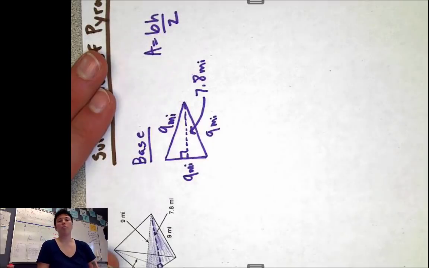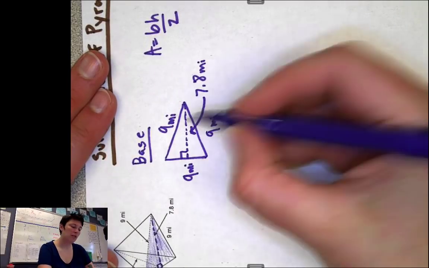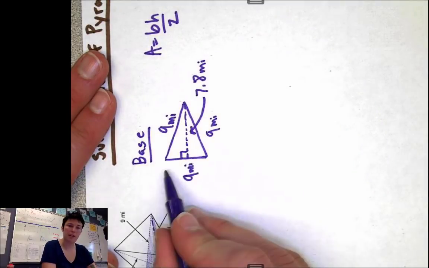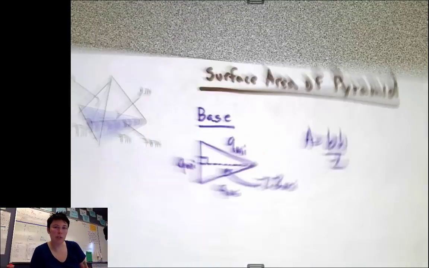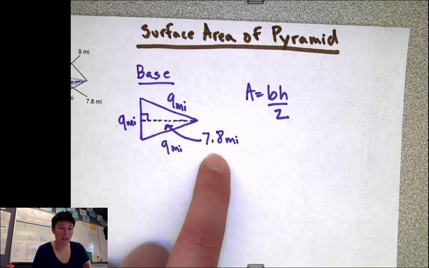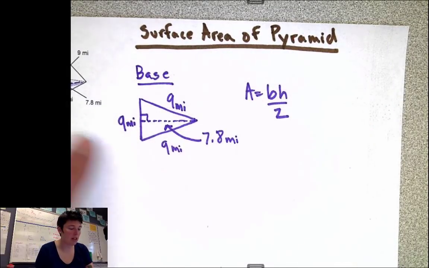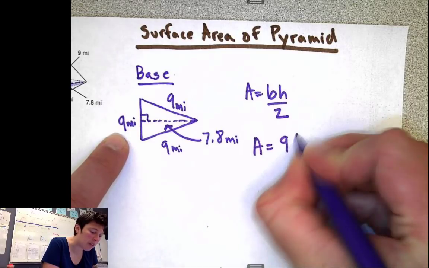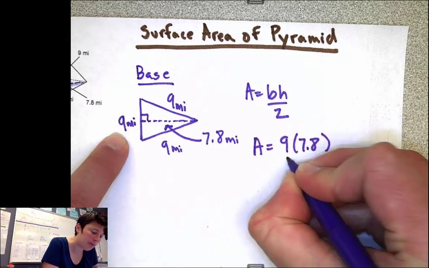So if I turn this triangle, the height, the perfect straight up and down 90-degree angle, is right here. So there's my height. That's going to make this my base. So I'm going to use the 7.8 as my height number, and I'm going to use 9 miles as my base. So the area of my triangle is 9 times 7.8 divided by 2.